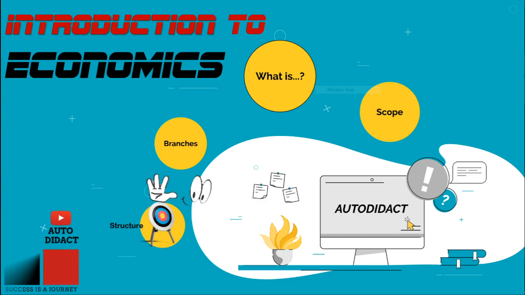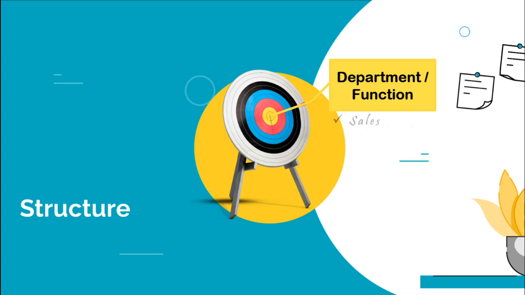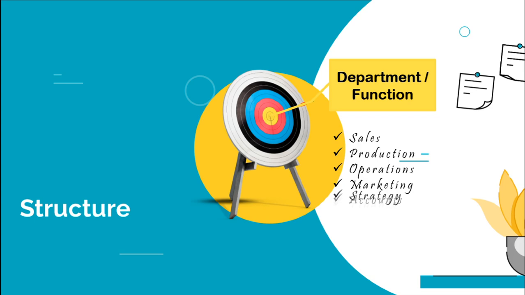My fellow friend, the very basic level at which economic activity starts, or we can say the fundamental unit of economics, is a department in a company. Like, if I talk about the sales department, they are aimed at selling products in the market. This brings revenue for the company. Similarly, the production department is focused on manufacturing the required number of items with minimum wastage.